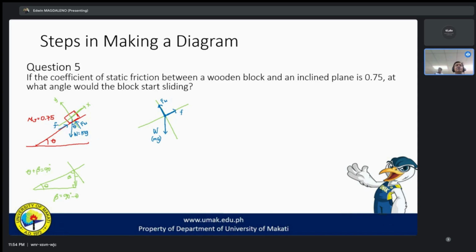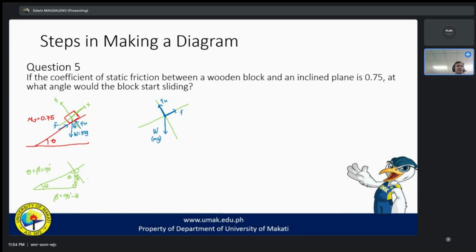This is also the same as theta because these two, beta and the angle here, should be equal to 90 degrees. So they are complementary because they form a perpendicular line.